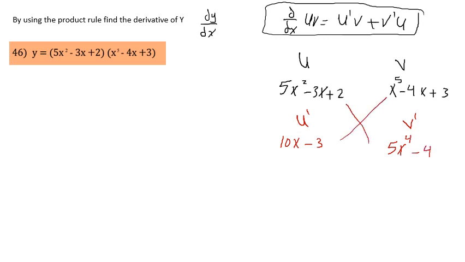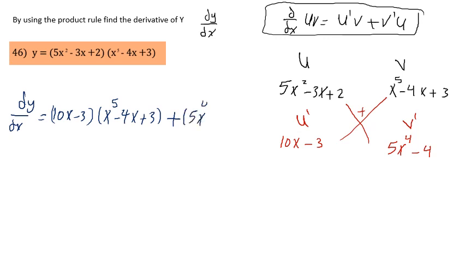I'm going to cross multiply and find the sum of the cross products of these. So dy by dx is equal to 10x minus 3 multiplied by x to the power 5 minus 4x plus 3, plus 5x to the power 4 minus 4 multiplied by 5x squared minus 3x plus 2.